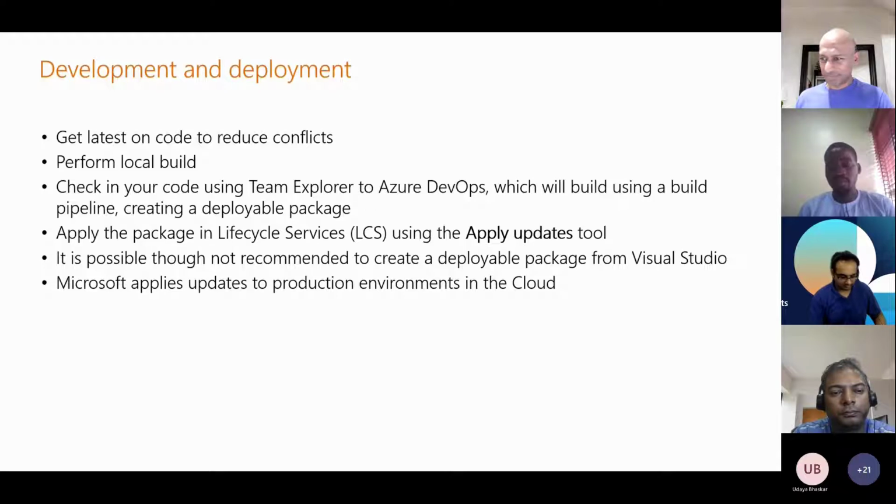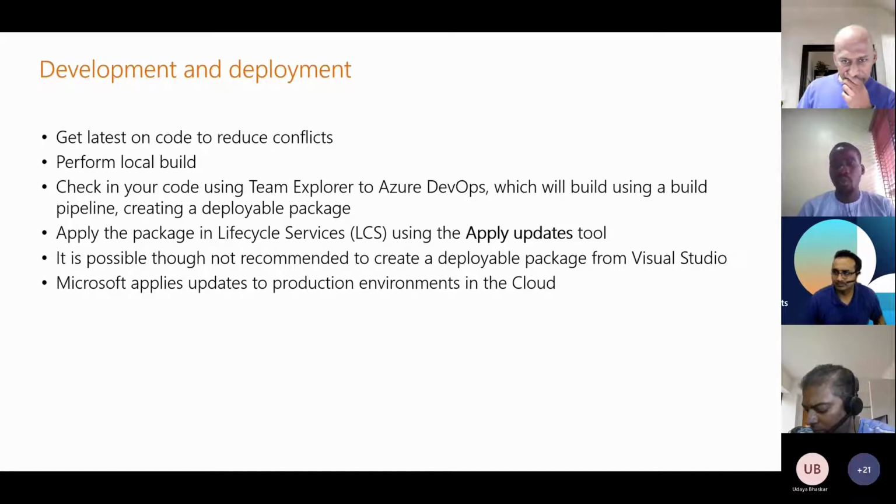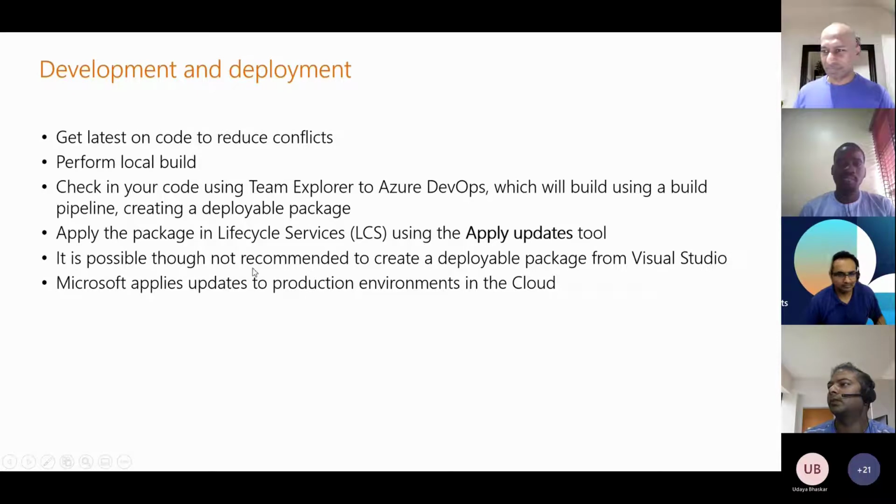So with Azure DevOps, we can get latest code, we can resolve our conflicts, we can perform builds with our Visual Studio, we can apply our packages using LCS, like I said earlier. And also with Azure DevOps, we can create our deployable package using what we call the build agent. Even aside that, we can also create a deployable package right from Visual Studio as well, even though that is not recommended.